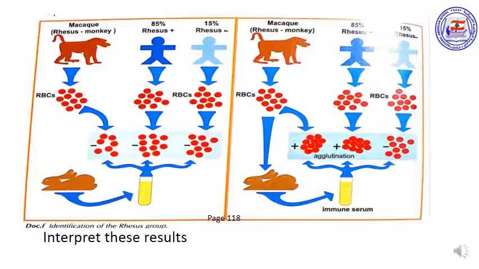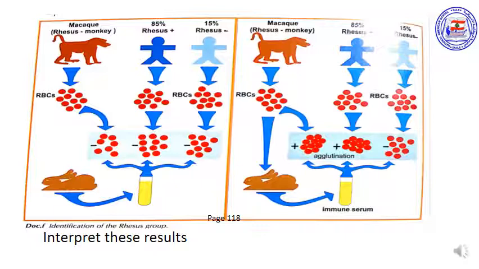Okay. So, when the serum of a rabbit is mixed with red blood cells of a rhesus monkey, of a rhesus positive individual, or of a rhesus negative individual, no agglutination takes place. This indicates that the serum of the rabbit doesn't contain anti-rhesus antibodies.